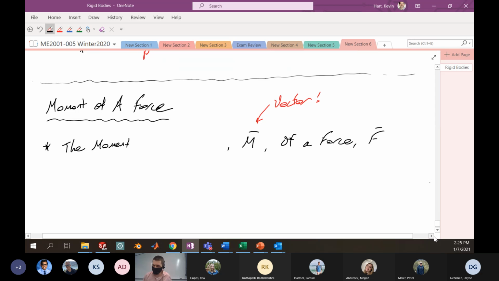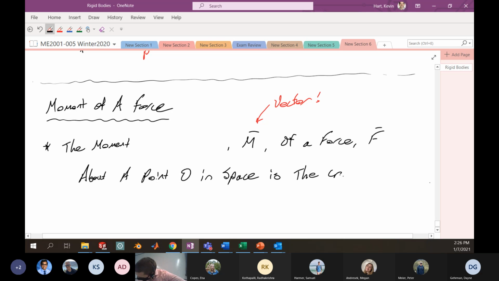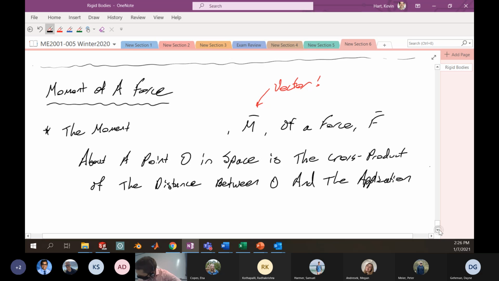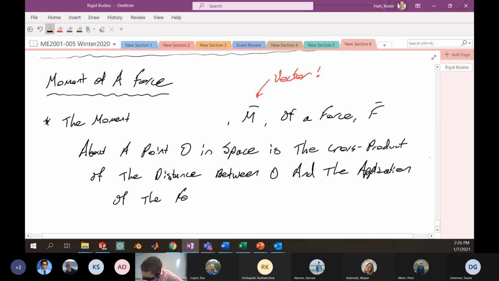All right. The moment M of a force F about a point O in space is the cross product of the distance between O and the application of the force, and the force.